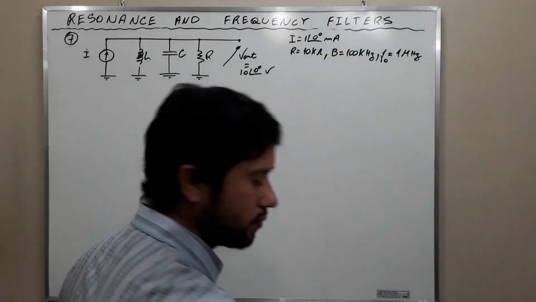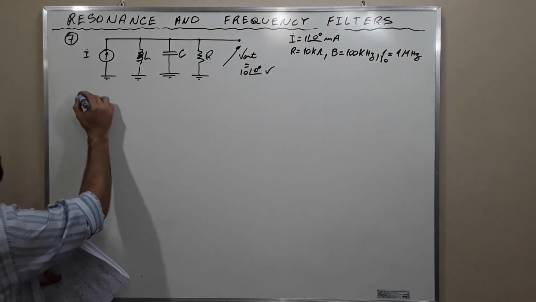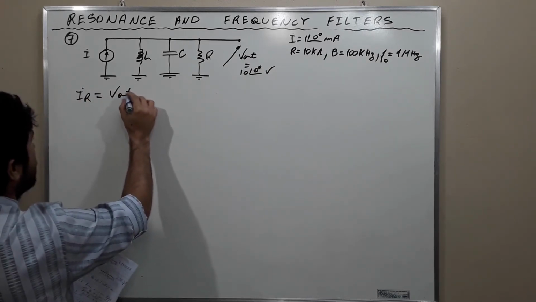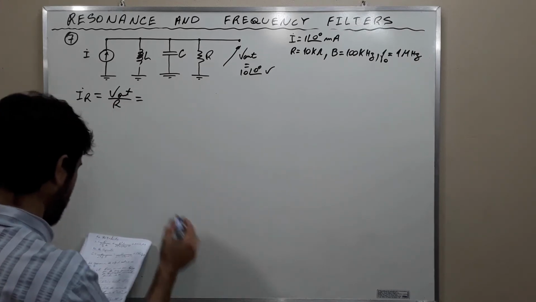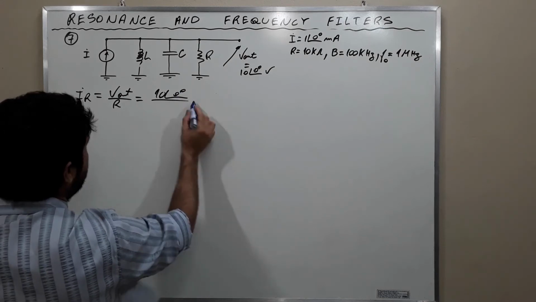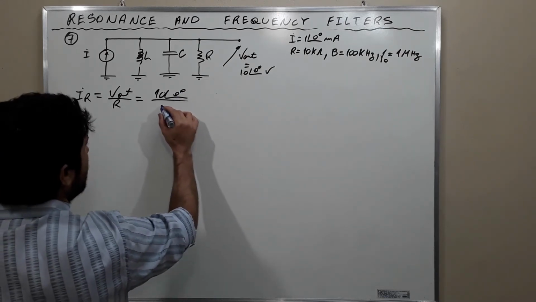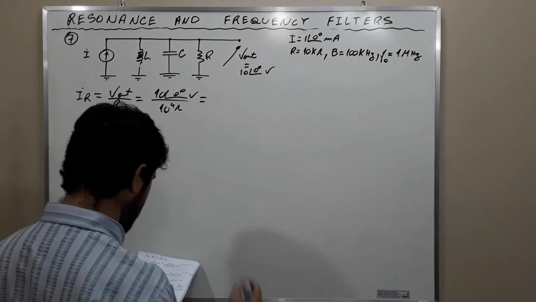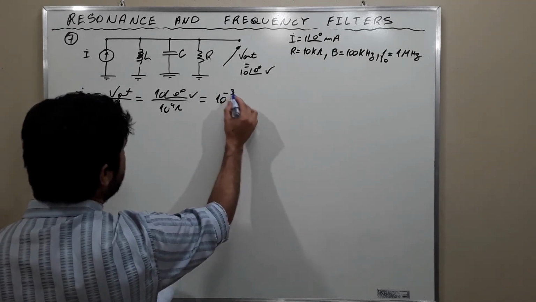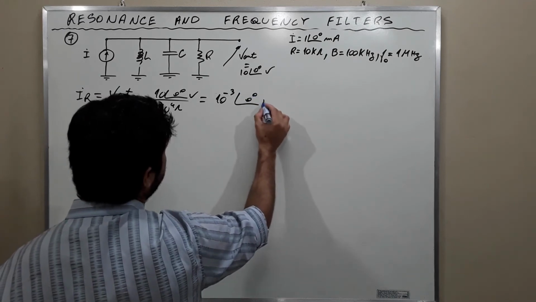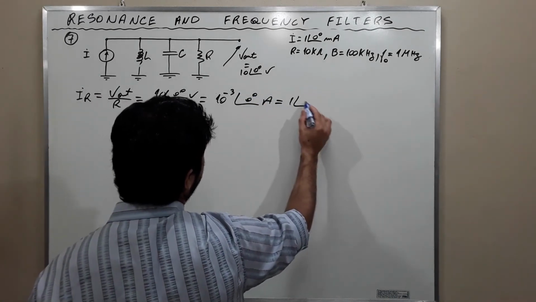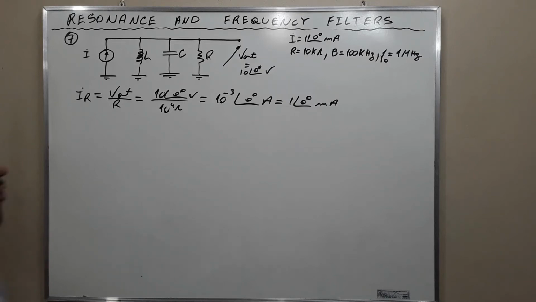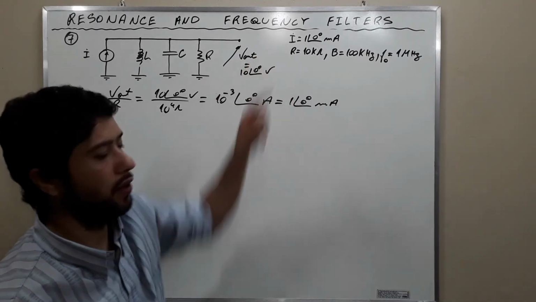IR is equal to V out over R, which is equal to 10 phase 0 degrees divided by 10 kilo ohms, 10 to the fourth ohms, and this is equal to 10 to the negative 3 phase 0 degrees amps, or if you prefer, 1 phase 0 degrees milliamps, which is precisely the current of the source.